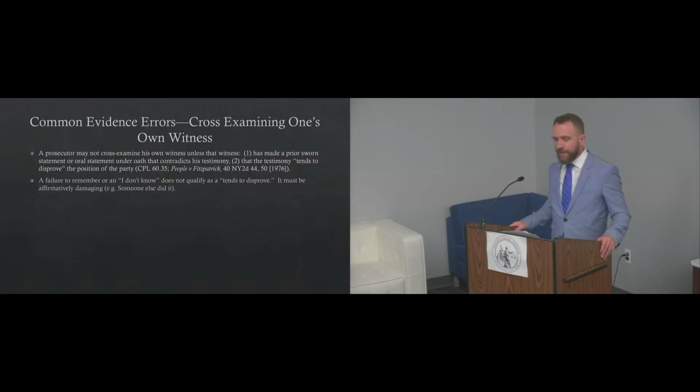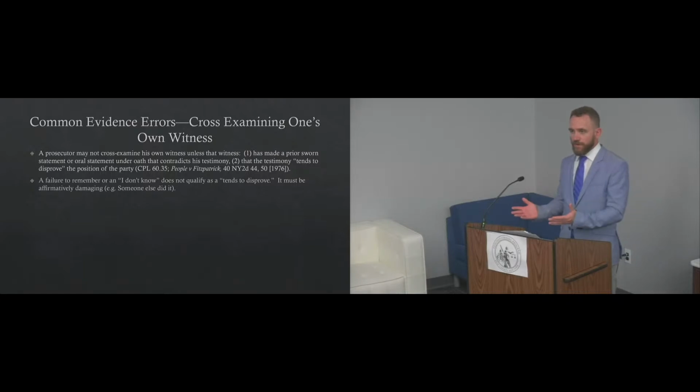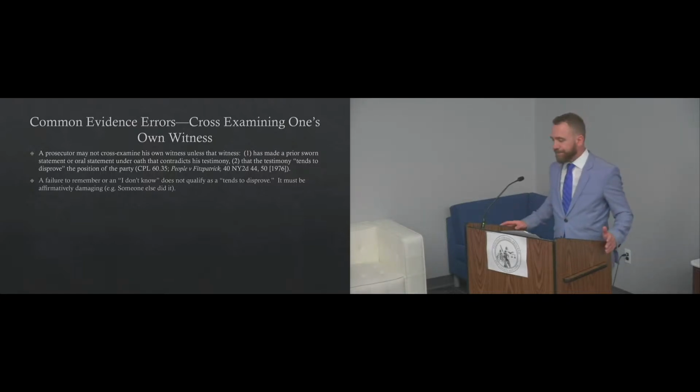But not every inconsistency allows the prosecution to even cross-examine that witness. So if it's not material, number one, or if it's not damaging to their case. So if it's just some innocuous thing like, 6 police cars showed up, and they said before 4 police cars showed up, that's not going to affirmatively damage the prosecution's case.